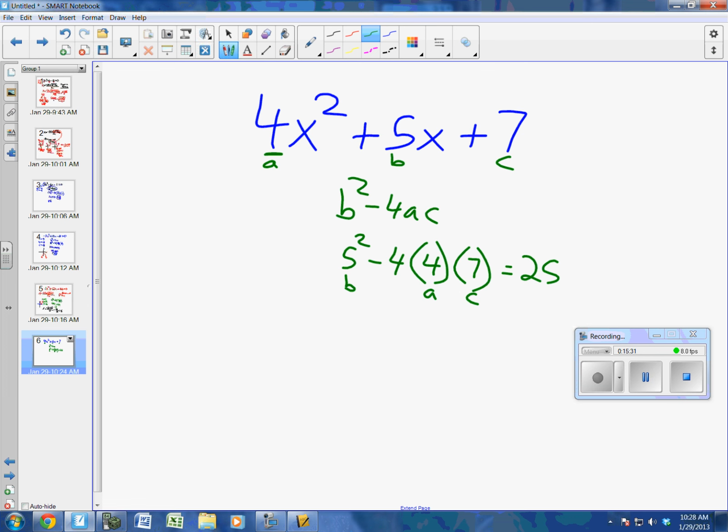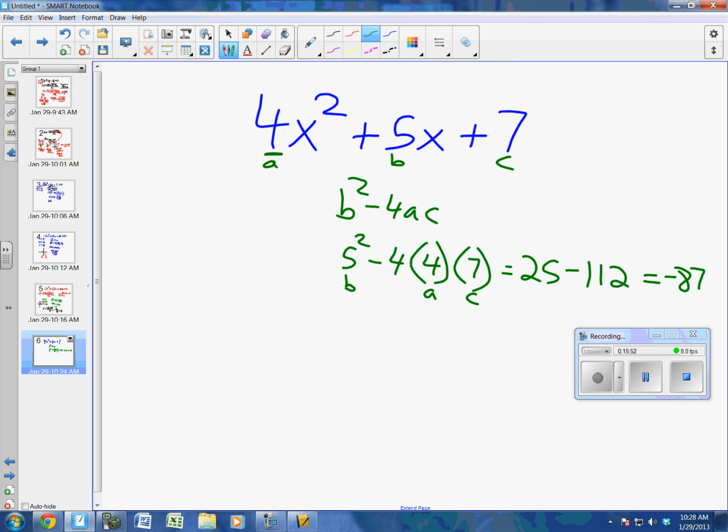I'll show you. What's 4 times 4 times 7? 112. And what's 25 minus 112? How many of you got negative 87 for the discriminant?